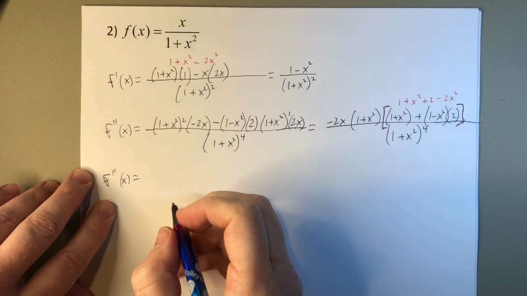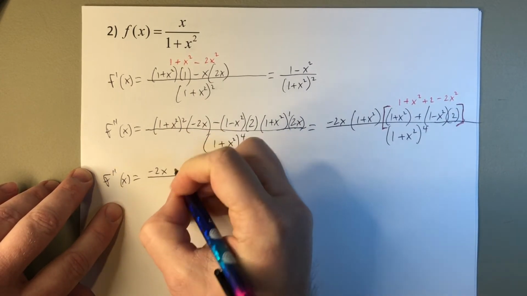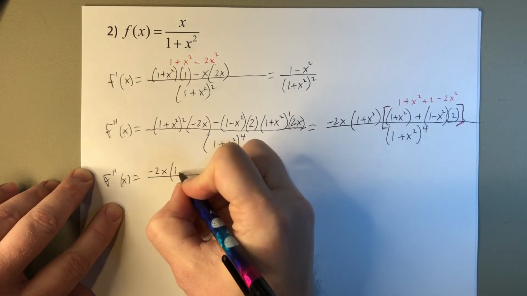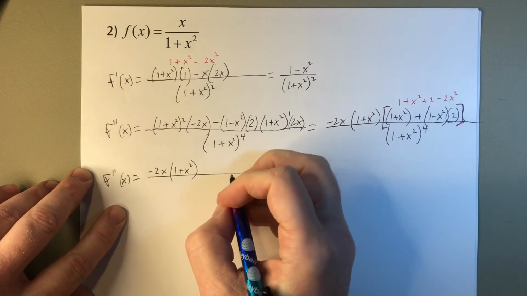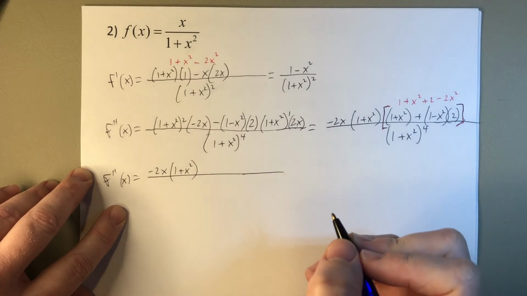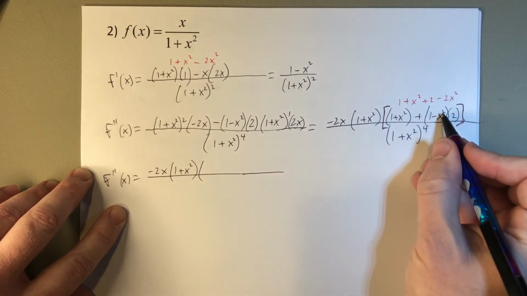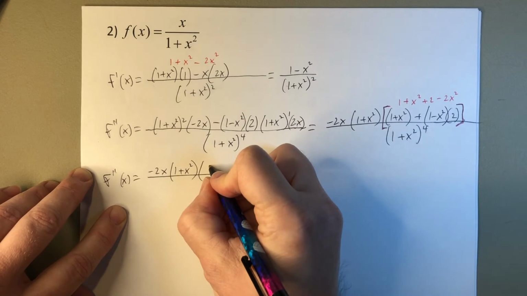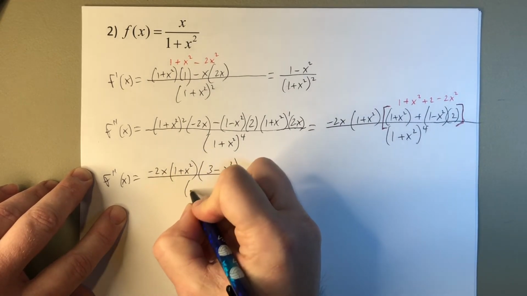Now, I'm using the word simplification, but it's really just the factored form of the numerator so that we can use it to actually come up with intervals of concavity if any exist. So this just becomes 3 minus x squared, and that's going to be all over this.